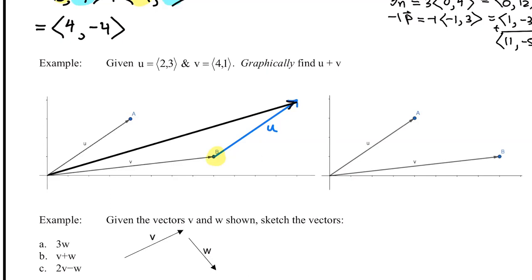But it is the resultant side, and that would be the measure of u plus v. Now, in terms of the actual sum, this point right here, that is the sum of the two vectors. So if we actually compute it out by hand, very simple process, 2 plus 4 is 6, 3 plus 1 is 4.